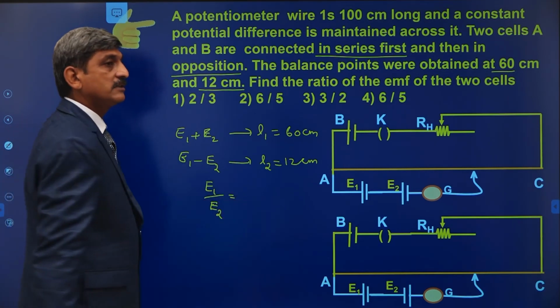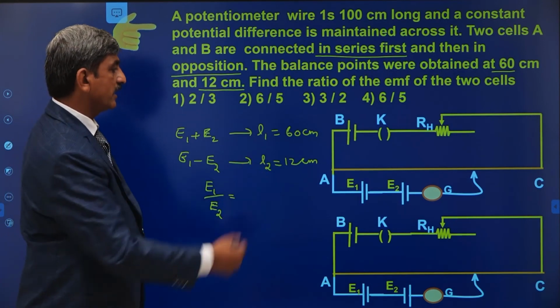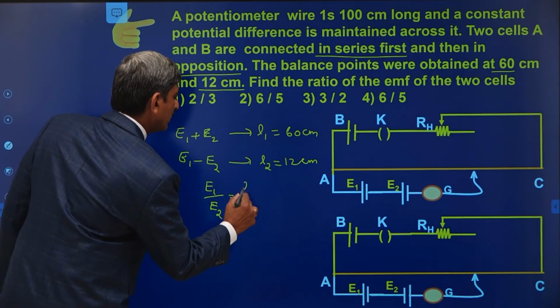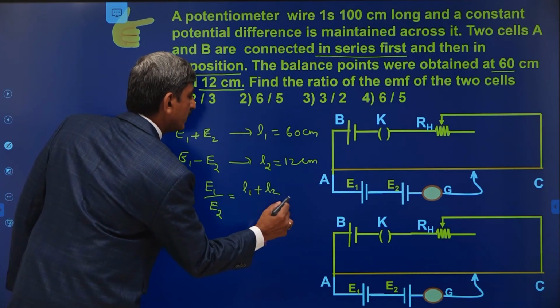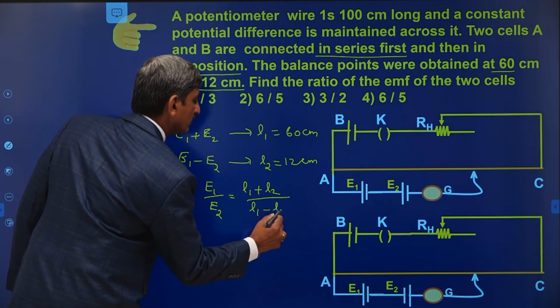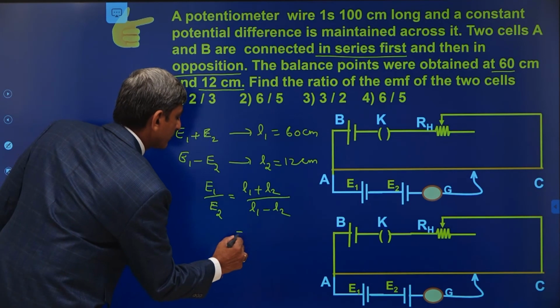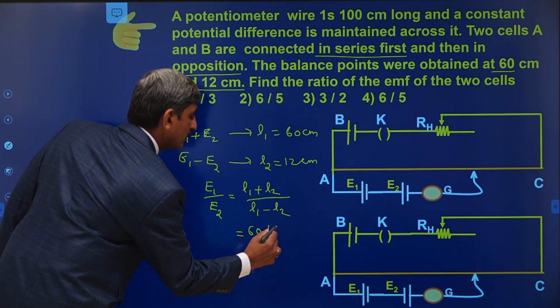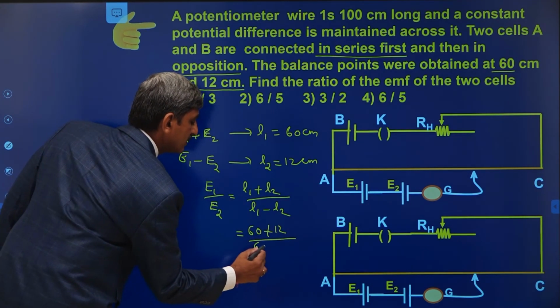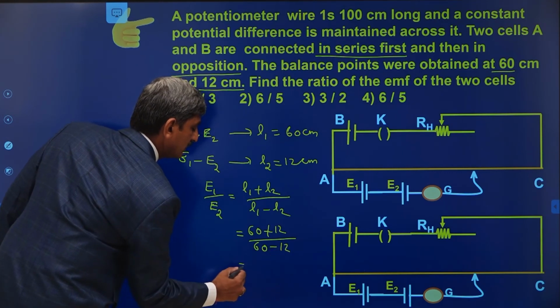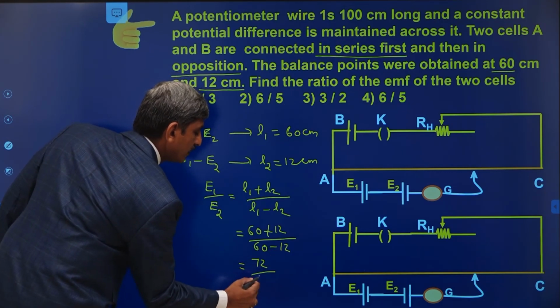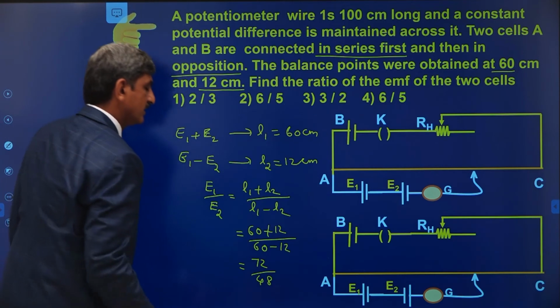Already we studied the ratio of the EMFs in such cases, that is given by (L1 plus L2) divided by (L1 minus L2). Substitute the L1, L2 values, it becomes (60 plus 12) divided by (60 minus 12). That is equal to 72 divided by 48.